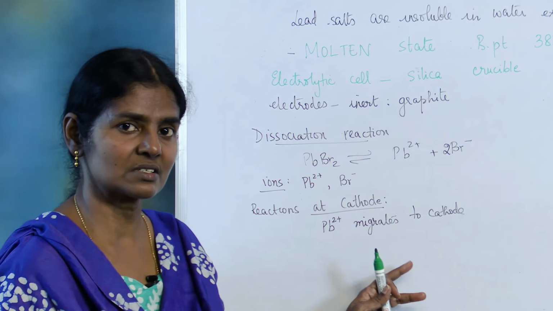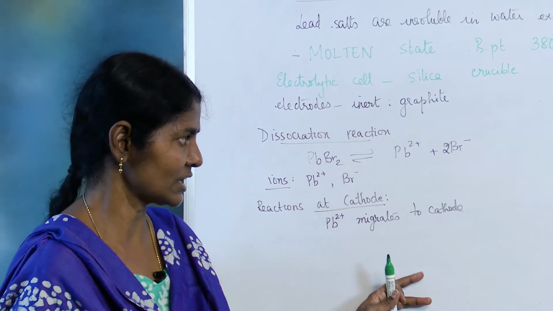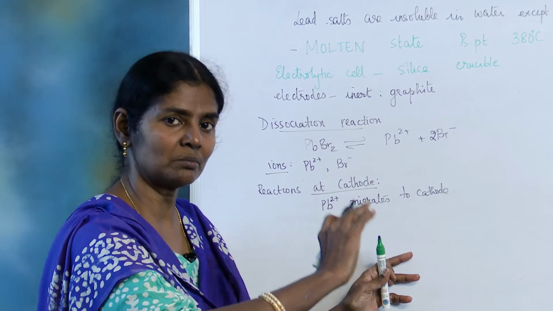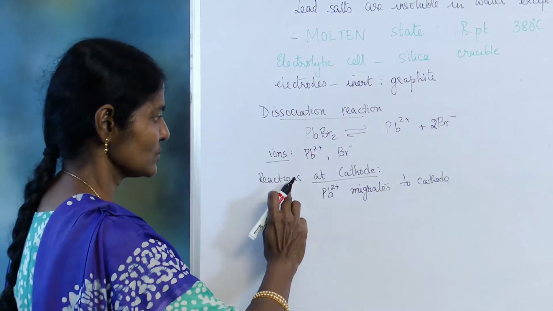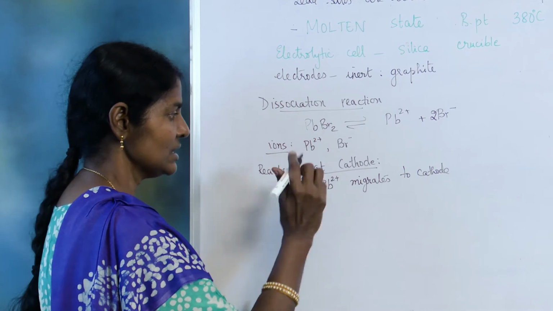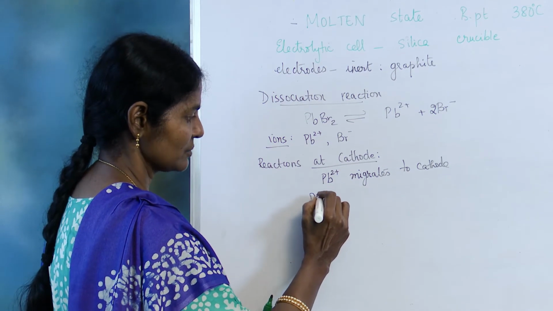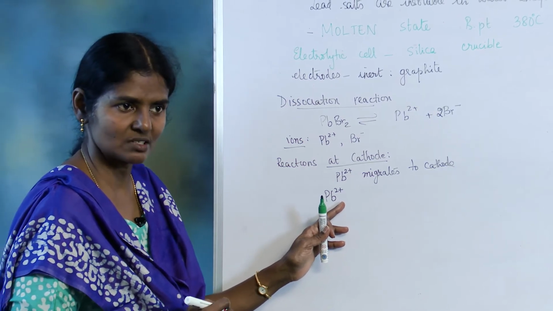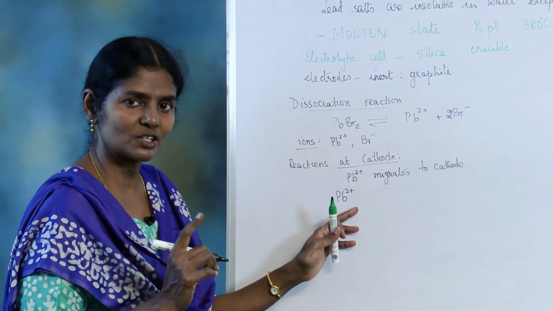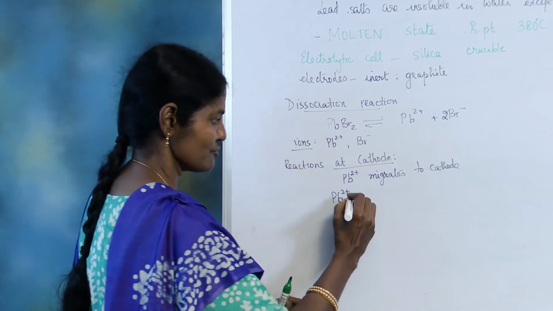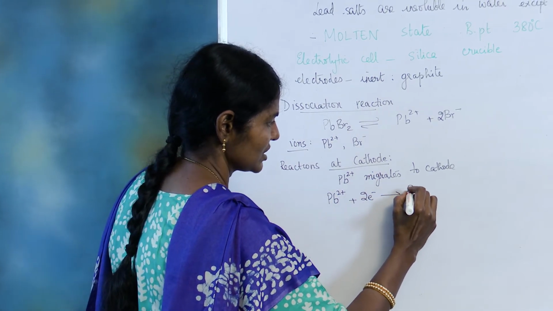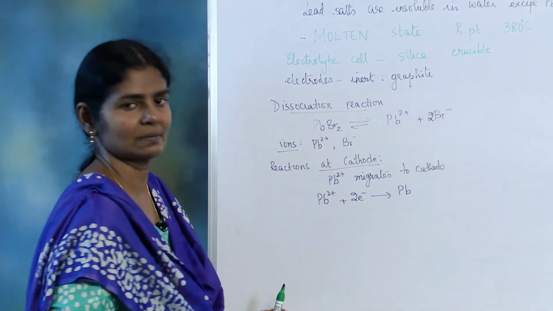And what happens according to our electrolysis definition? It will migrate to the cathode and become neutral atoms. That's the reaction happening at the cathode. How does it become neutral? When it is 2 plus, it is running short by 2 electrons. Therefore, it gains 2 electrons there and becomes lead metal.